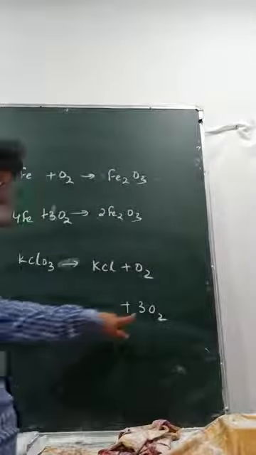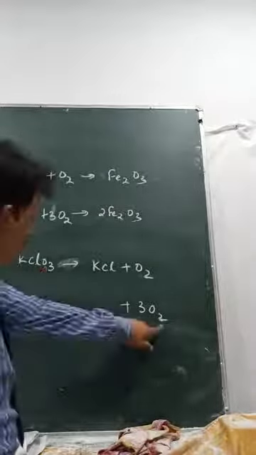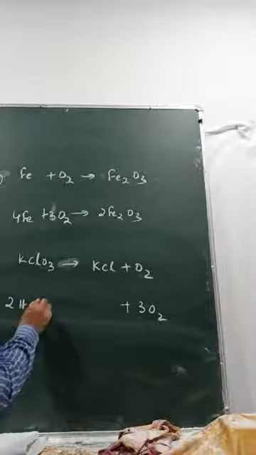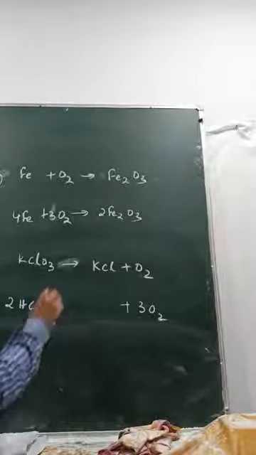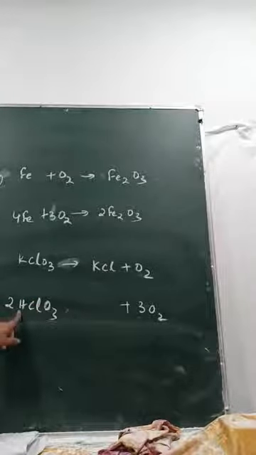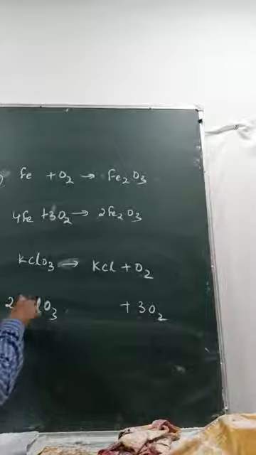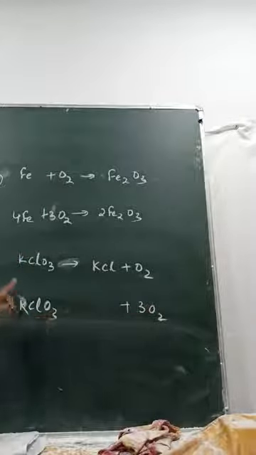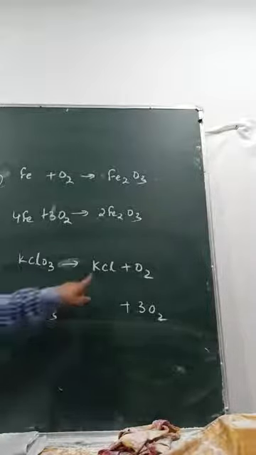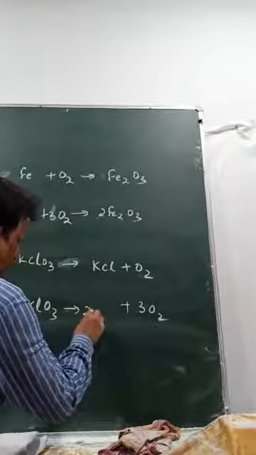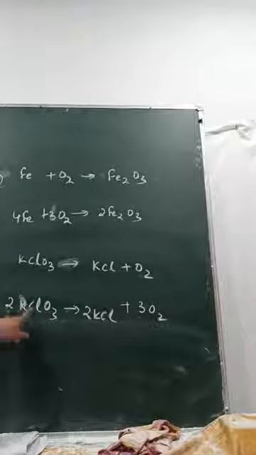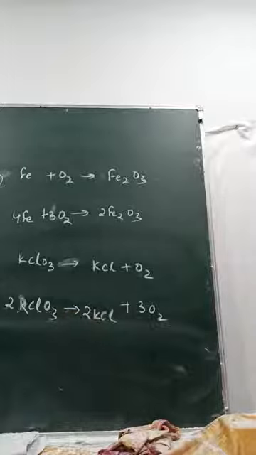If it is 3O2, then 3 2s are 6. Here is 3, then I have to multiply 2 KClO3. Okay. Oxygen is balanced. But when oxygen is balanced, potassium is 2 times here, 1 time here. So I will multiply 2 KCl. Now potassium is balanced, chlorine is 2 times, chlorine is also 2 times. So now it is a balanced equation.